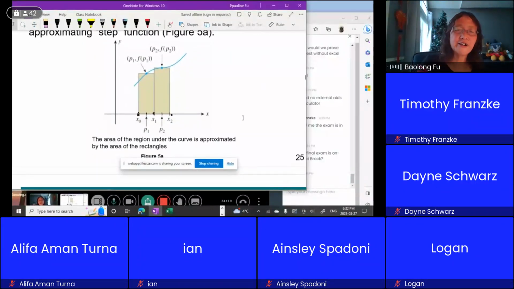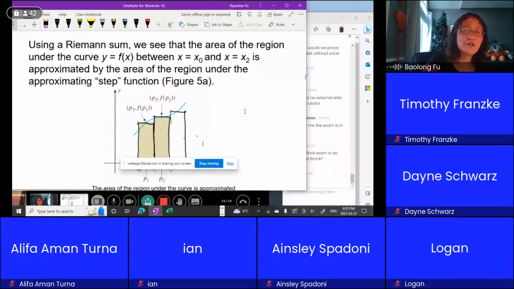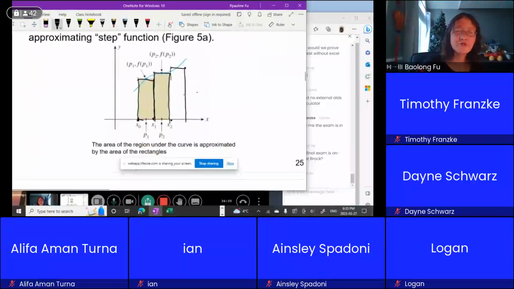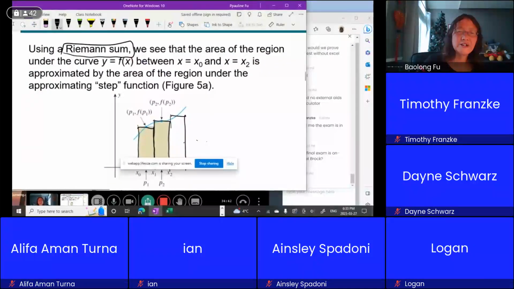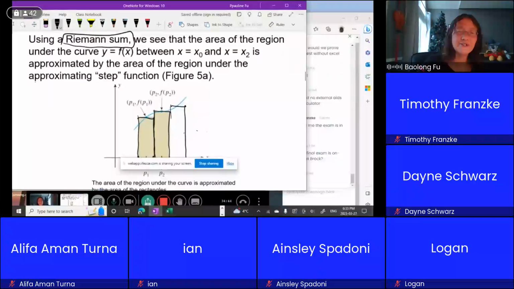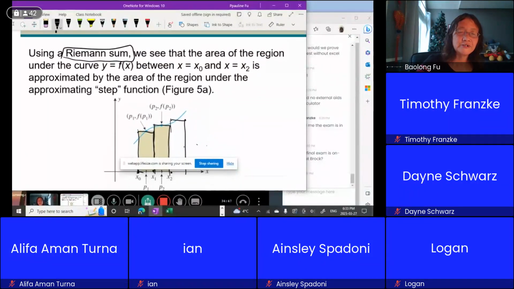And we could find this rectangle here, so this rectangle plus this rectangle, and maybe another rectangle. This could be one way to do it, and this is actually what we did before, the Riemann sum. If you see the rectangles, it is the Riemann sum. We did this last class.